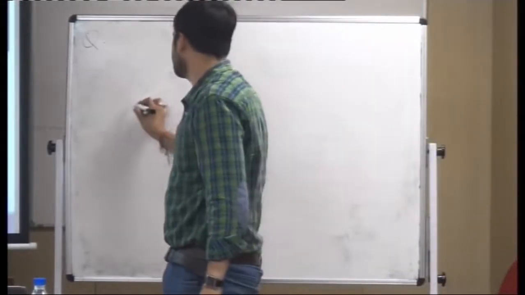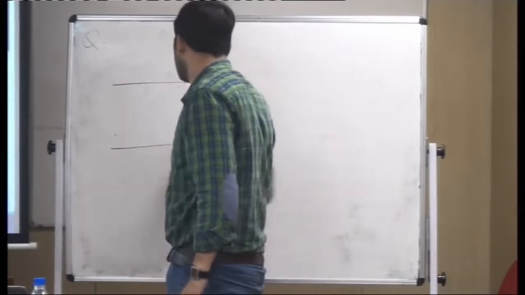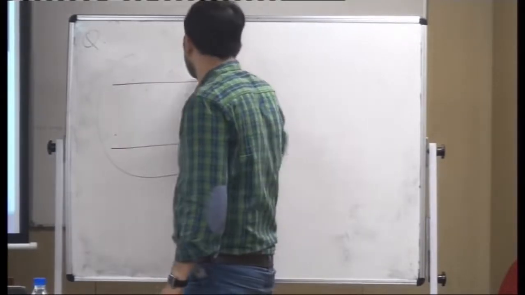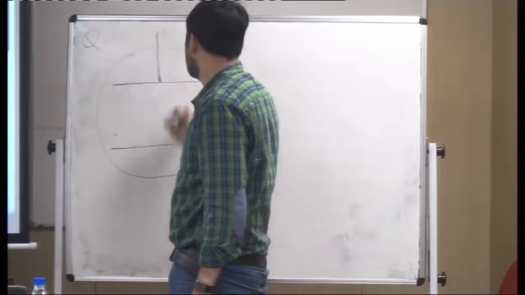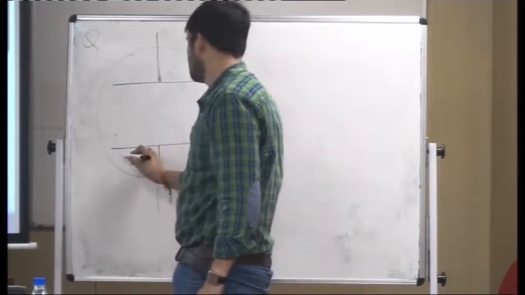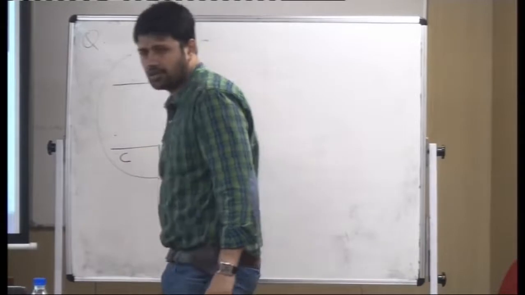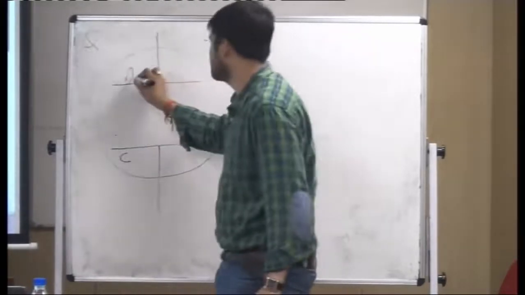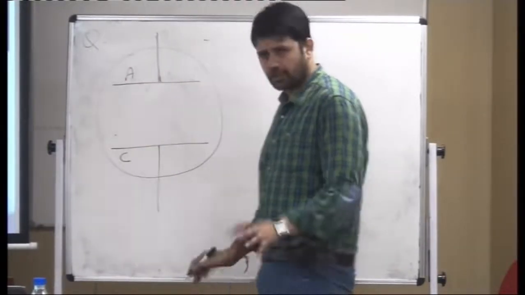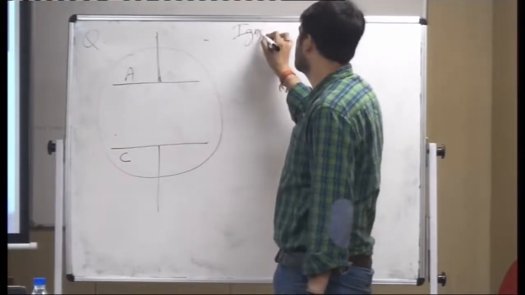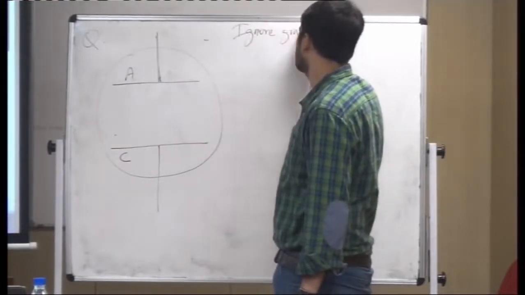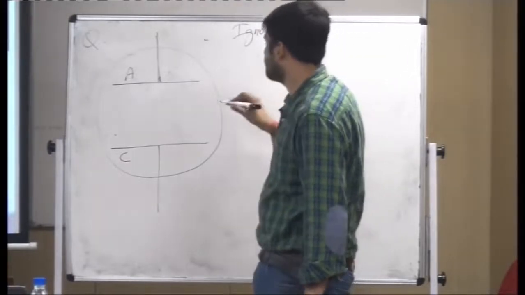Now the arrangement is like this. Okay, this is the cathode while this is the anode. You have to ignore gravity. I'm saying it beforehand, ignore gravity. What happens?